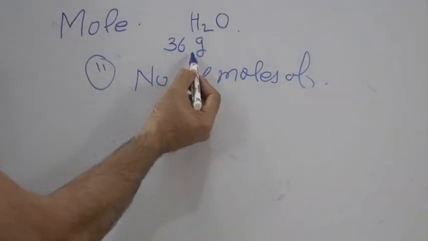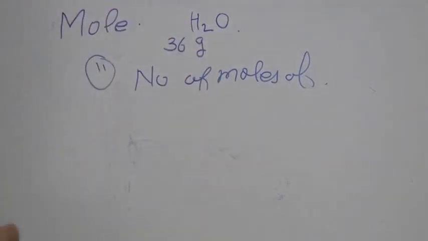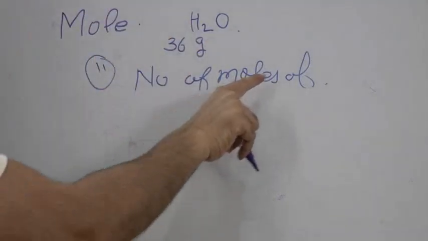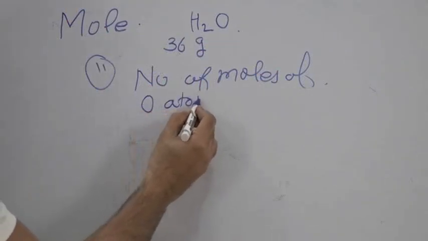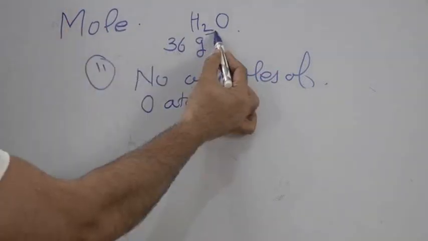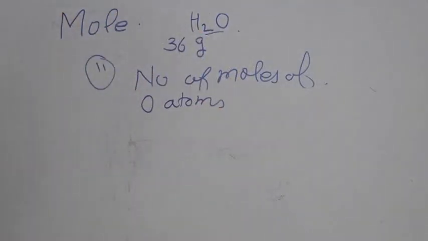Water is how much? 36 gram. And now we have to find out the number of moles of oxygen atoms. One molecule of H2O contains how many atoms of oxygen? 1.